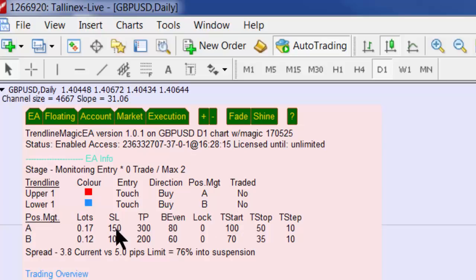Now the position management plans you can specify before the time, and you can say how many lots you want to trade, what your stop losses are for those plans, what your targets are for those plans, the break even, the following stops, and so on.